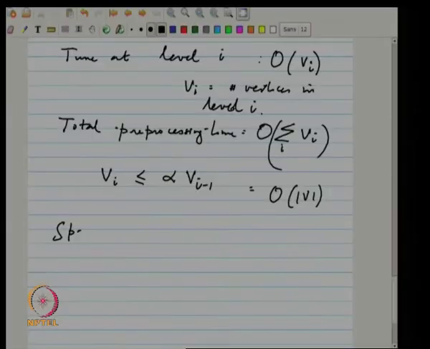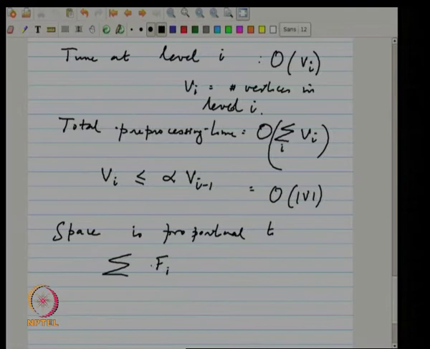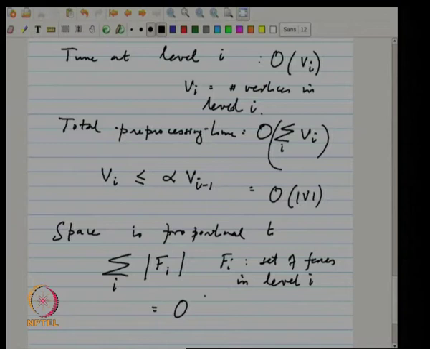And again by this previous argument, space is proportional to the summation of the number of faces in each level, and the number of faces in each level is again proportional to the number of vertices. So, they will also be decreasing by a constant factor. So, overall then again it is going to be order V.